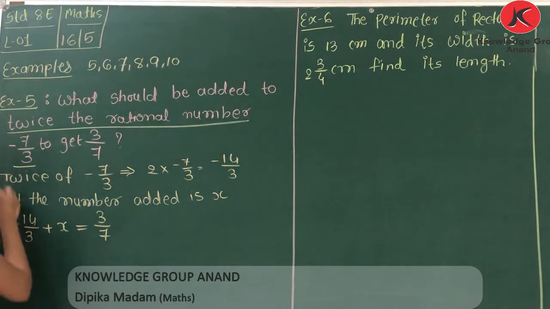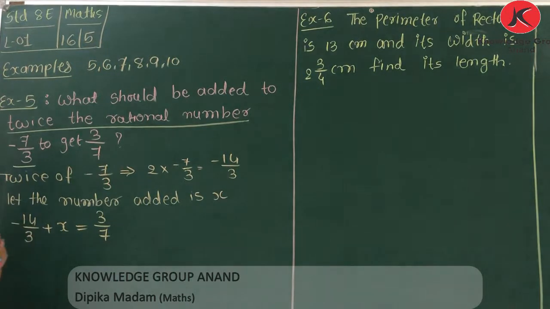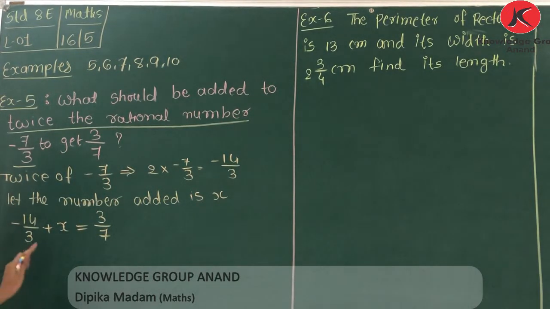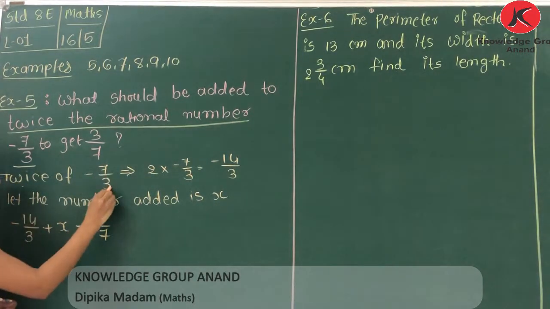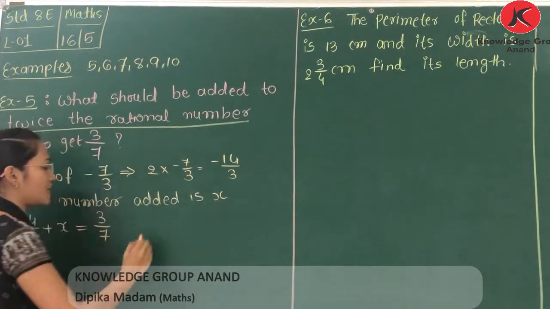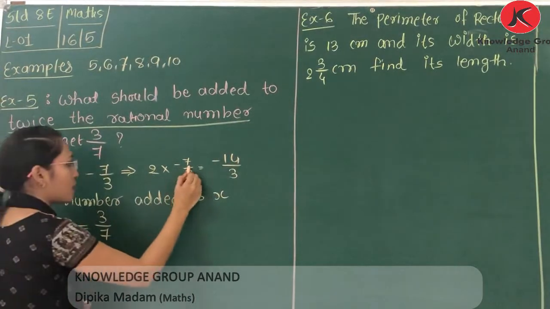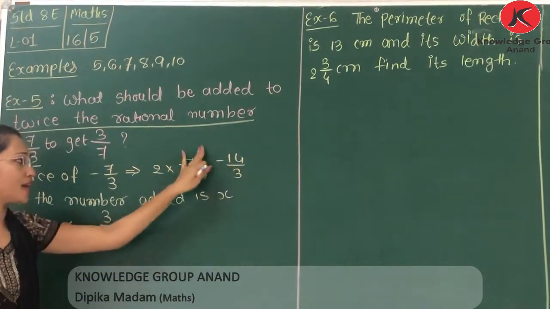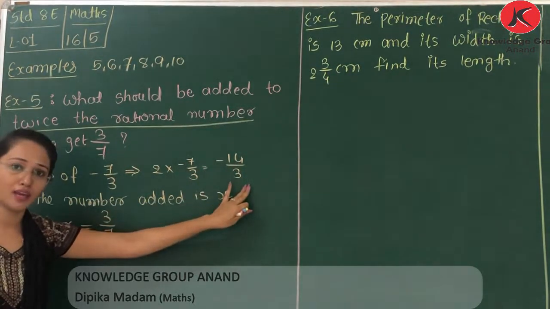Again, the main important part of this example is these three statements. First of all, learn how to generate the equation, then it will be easy to find the solution of the equation. So first, twice of -7/3, that is 2 multiply -7/3. 7 twos are 14, so -14/3.